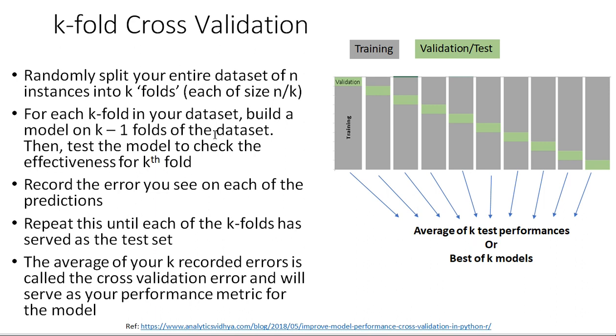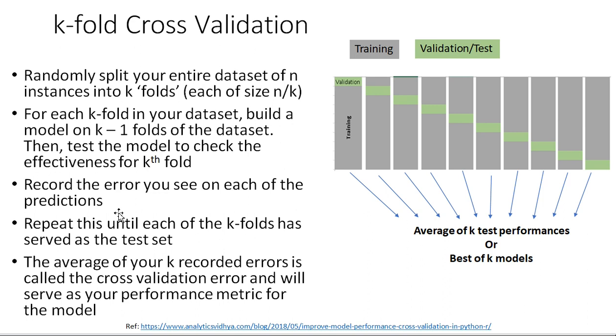For each fold in your data set, build a model on the k minus 1 remaining folds. That means if we take this fold as our data for testing, we build the model on the rest for training. If we take this part for testing, on the remaining part we train. So every fold serves as training data and every fold serves as testing data, which is the best approach.